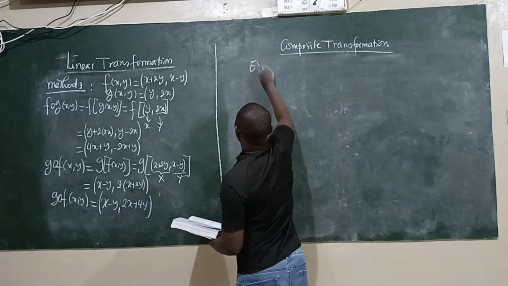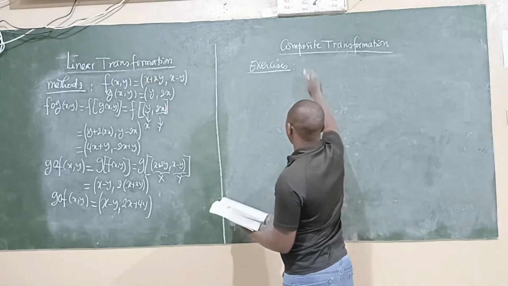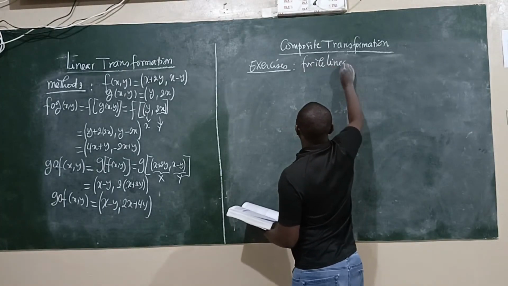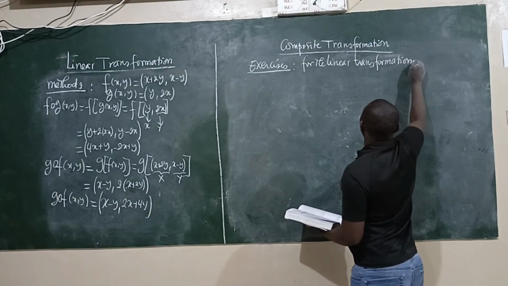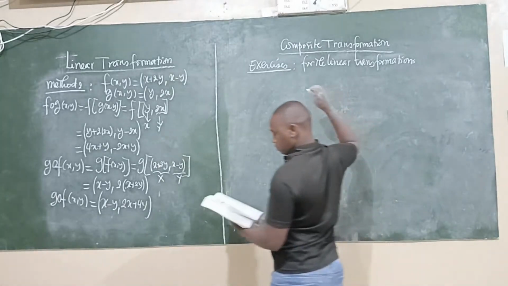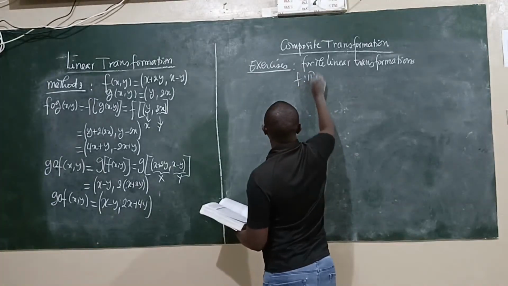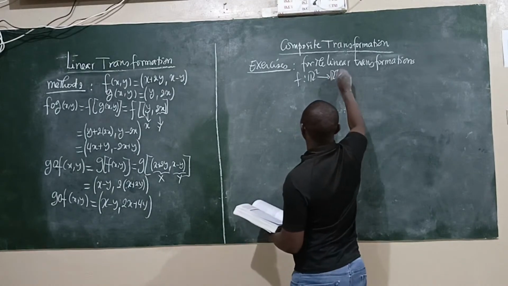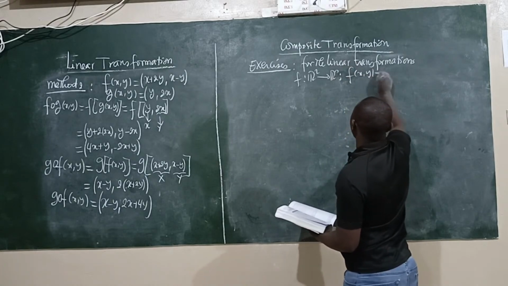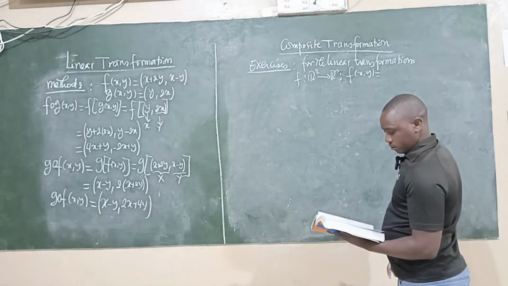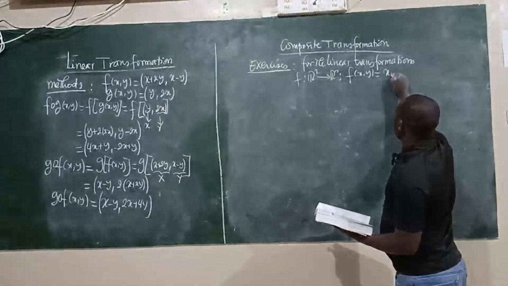Exercise, guys. For linear transformations, F is a mapping that maps R2 to R2 by f(x, y) = (x, 3y).